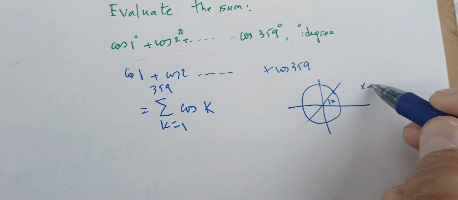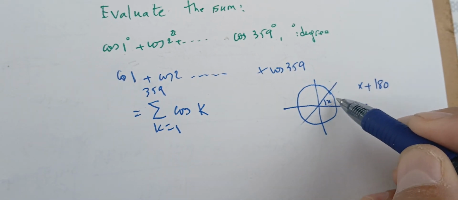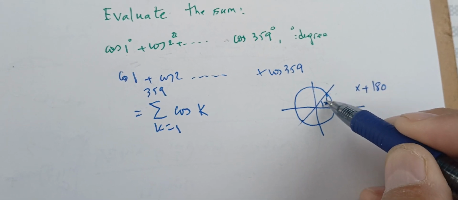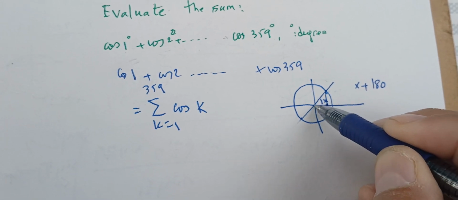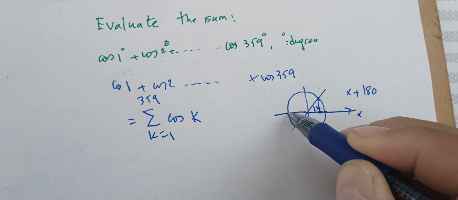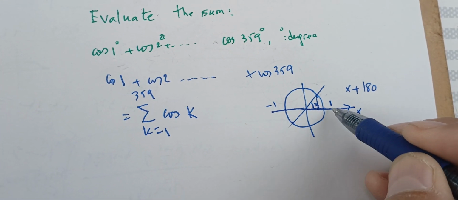The cosine of x is here on the x-axis. It's always between -1 and 1. The cosine of any angle is always between -1 and 1.